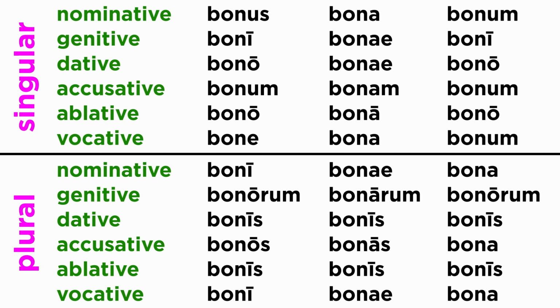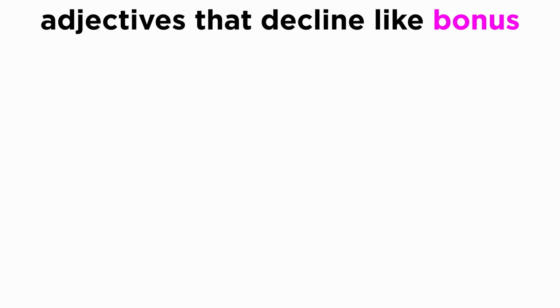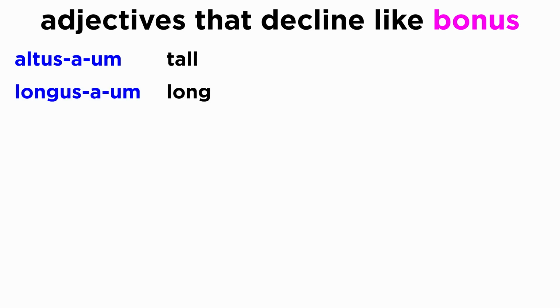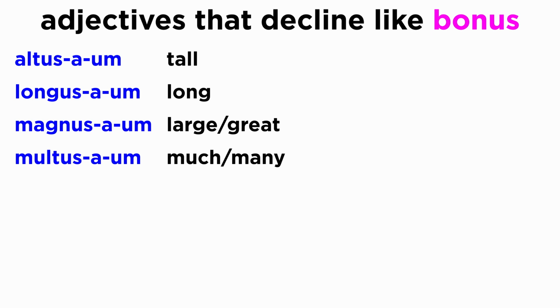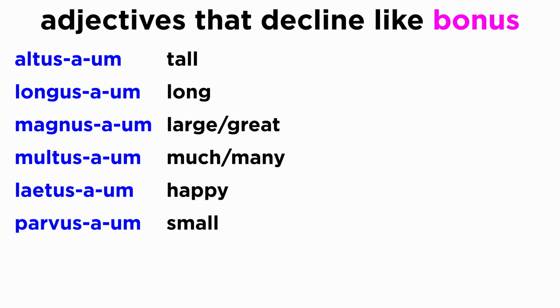Among the most common adjectives declined in this way are altus, alta, altum. Longus, longa, longum. Magnus, magna, magnum. Multus, multa, multum. Laetus, laeta, laetum. Parvus, parva, parvum. Malus, mala, malum.